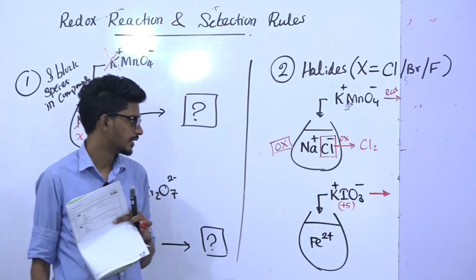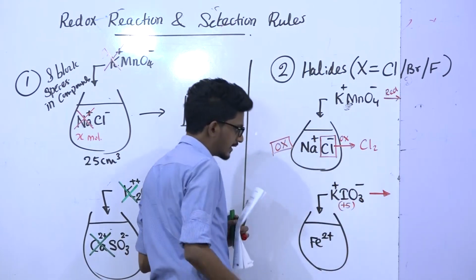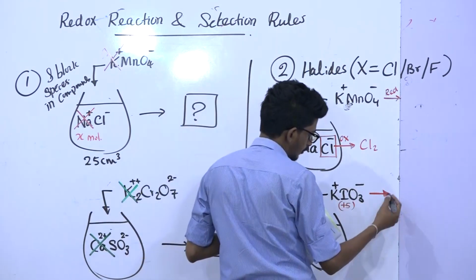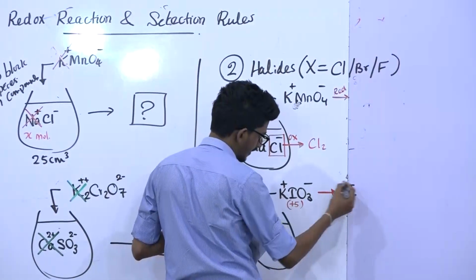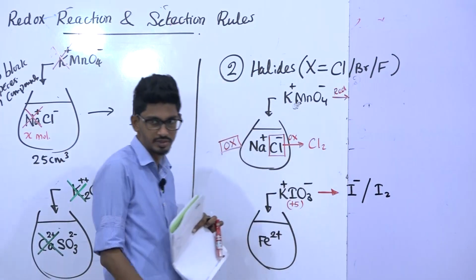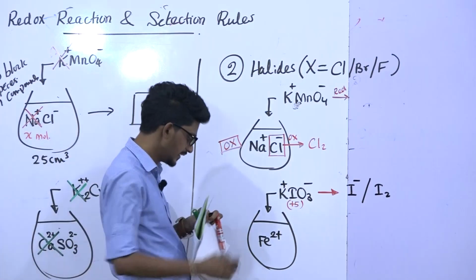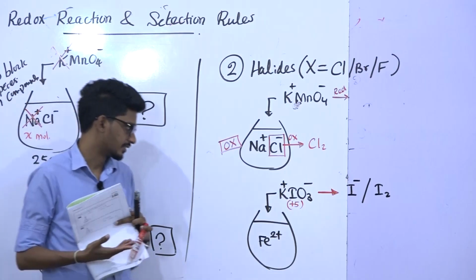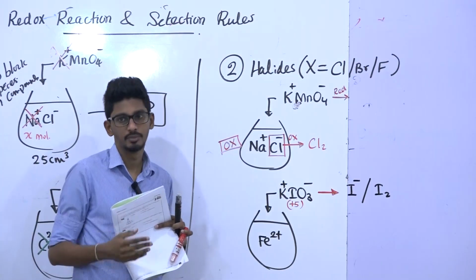So, if this guy is with a +5 oxidation state, the product will be the X minus form or the X2 form, that means the I minus form or the I2 form. One of these is going to be the product. In this case normally, the chemicals prefer the closest oxidation state possible.